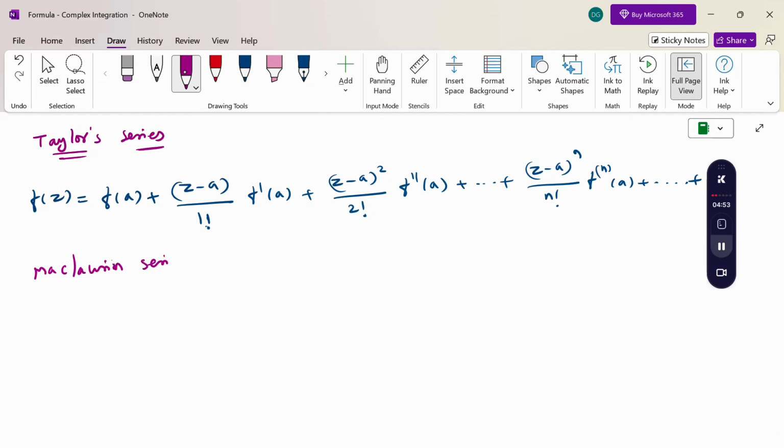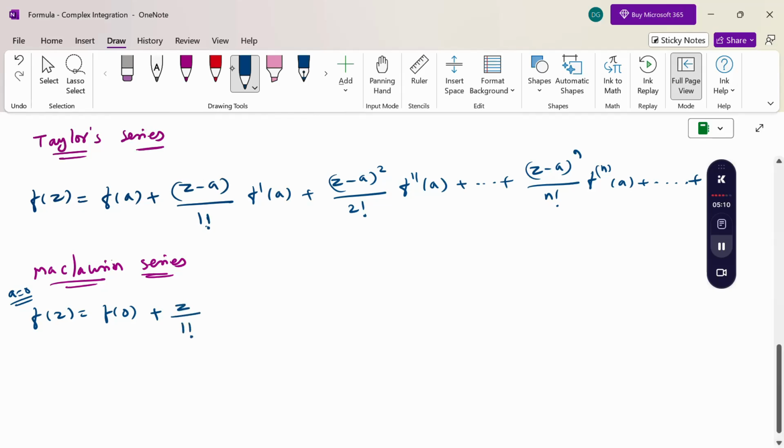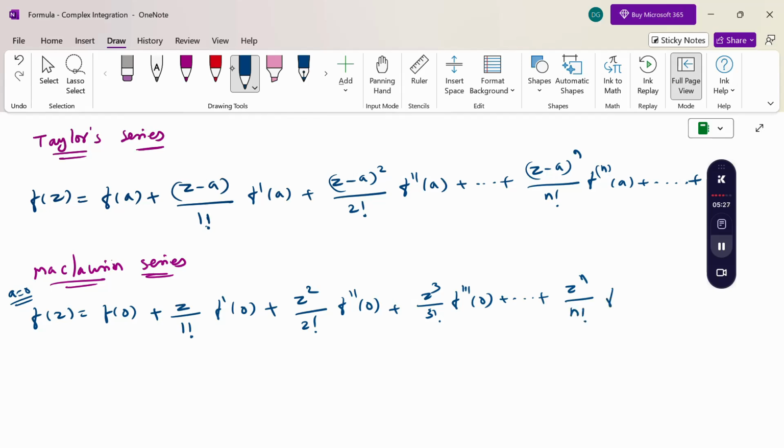The Maclaurin series is nothing but the Taylor series with a equal to 0: f of 0 plus z by 1 factorial f dash of 0, plus z square by 2 factorial f double dash of 0, plus z cube by 3 factorial f triple dash of 0, plus up to z power n by n factorial f n of 0, plus up to infinity. This is the Maclaurin series.